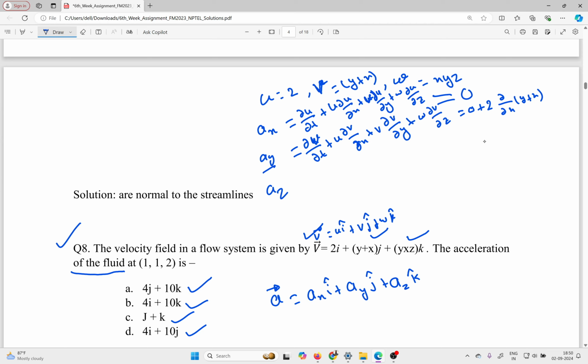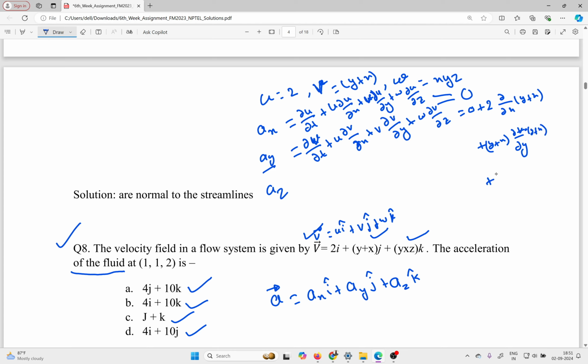Next, v is y plus x, and del v by del y of y plus x gives 1.